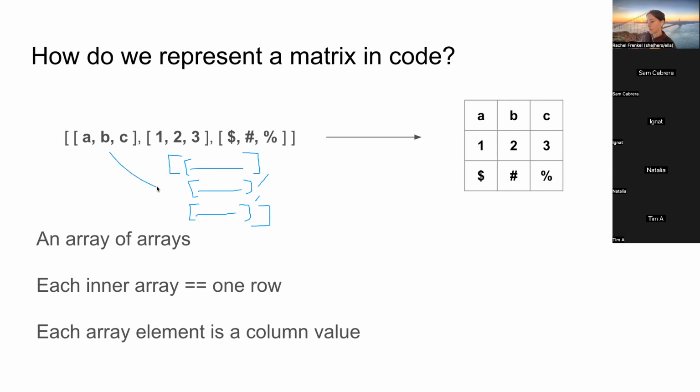In theory, these are the same, right? Here it's just on 1 line, here it's on 3, and you can see how it looks more like this square. Okay, so it's an array of arrays. Each inner array is 1 row, and each element in that inner array is a column value.